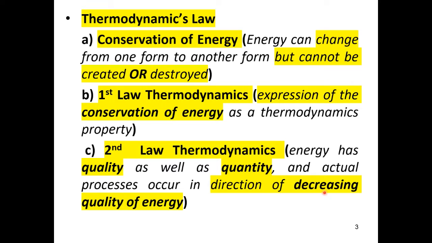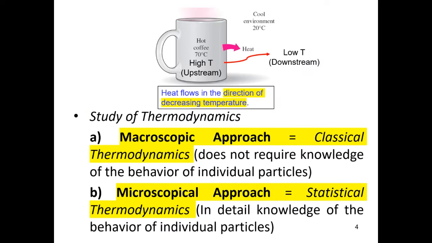So what is decreasing quality of energy? As you can see here, we have a cup of hot coffee at 70 degrees Celsius, which we consider a high temperature. And we have a cool environment in the surroundings at 20 degrees Celsius. What will happen to this hot coffee in the mug?